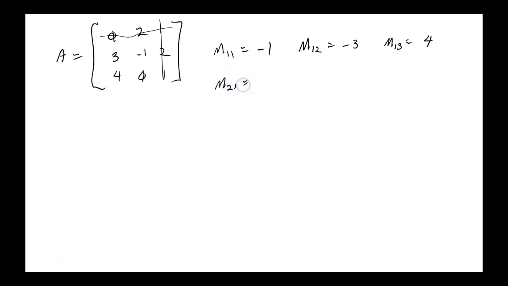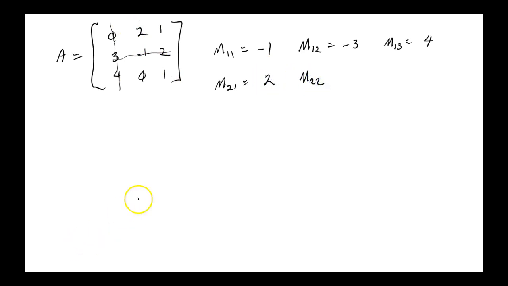M21, I'll wipe out everything we just did, wipe out second row, first column. So M21 would be 2 minus 0, which is 2.